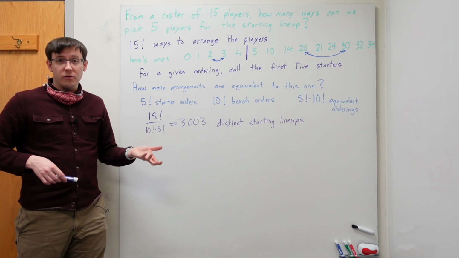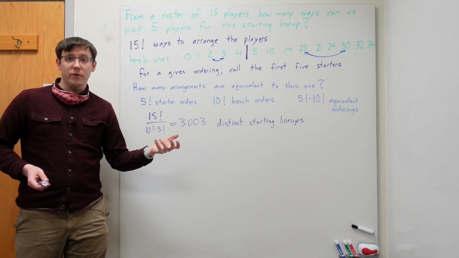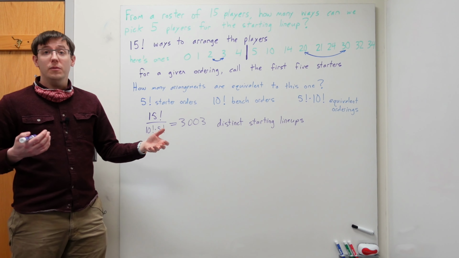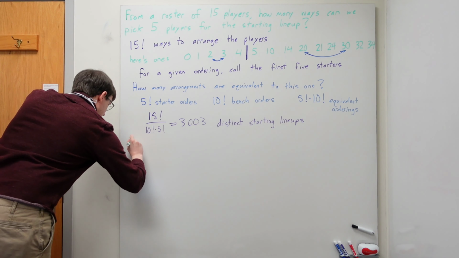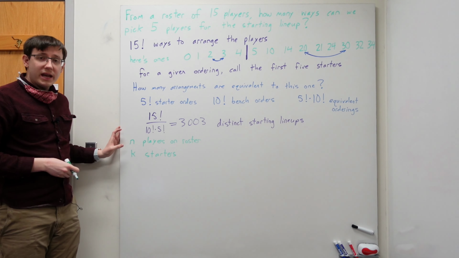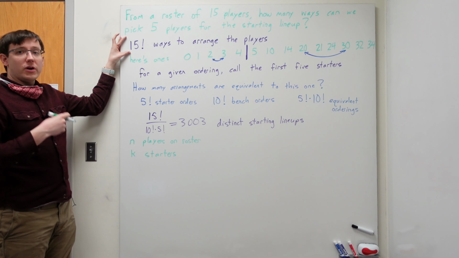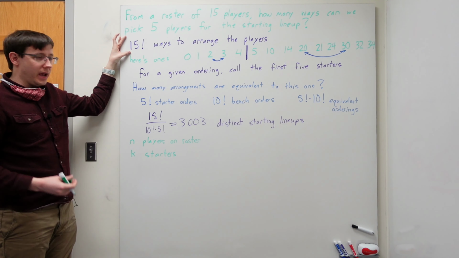And we can now generalize this to other sports that have a different number of players on the roster and a different number of players in the starting lineup. So if we have a roster size of n, then the total number of arrangements of all the players would be n factorial.